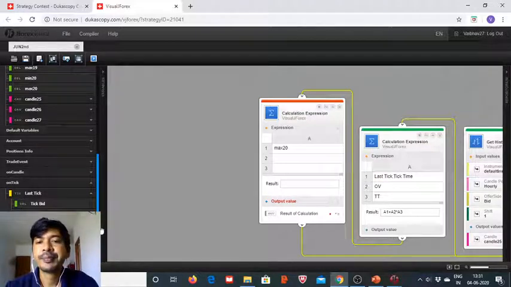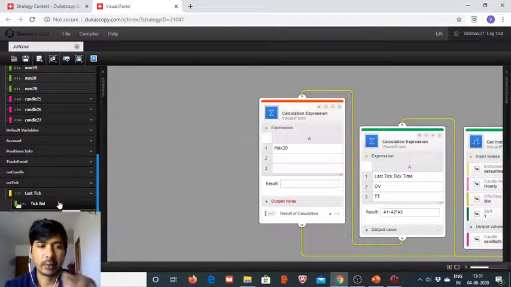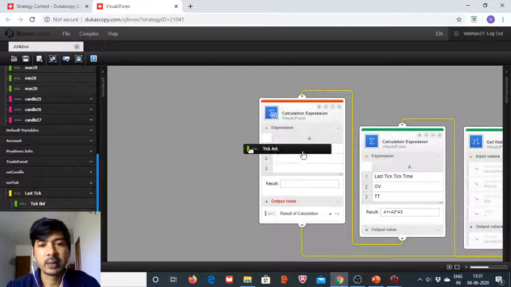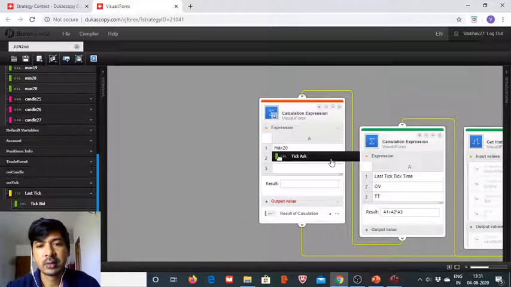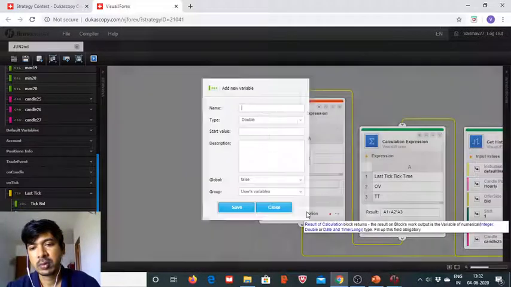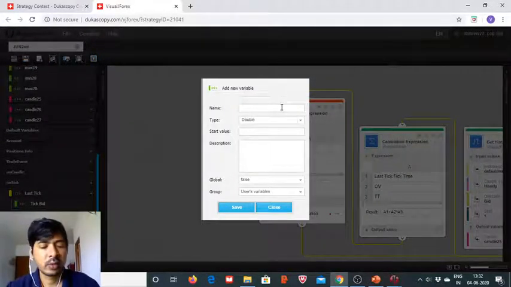And from maxima we will be deducting the last tick ask, and the difference, whatever is the difference, A1 minus A2, it will be sell difference.